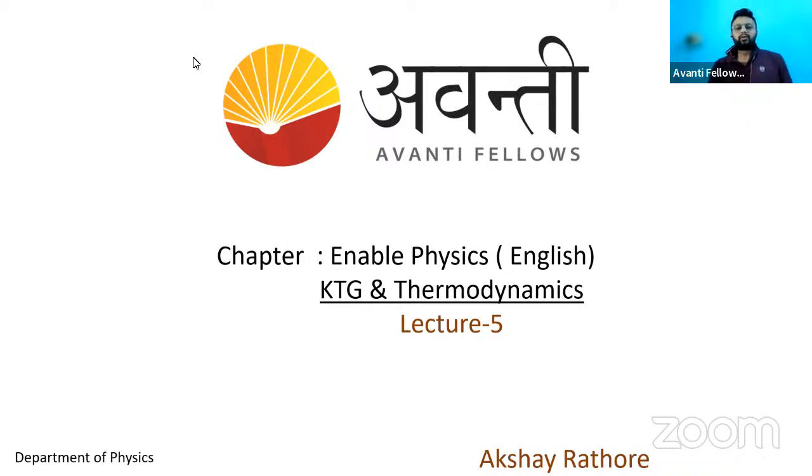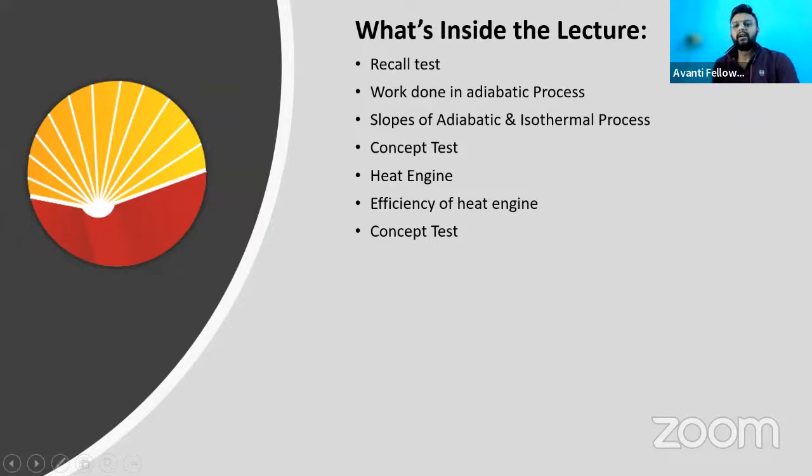Okay. So today we are going to start the fifth lecture. First of all, we will discuss work done in the adiabatic process. That's again a very important derivation for your CBSE examination. Then we will discuss the slopes of adiabatic and isothermal processes.